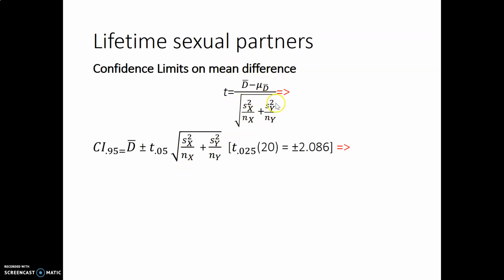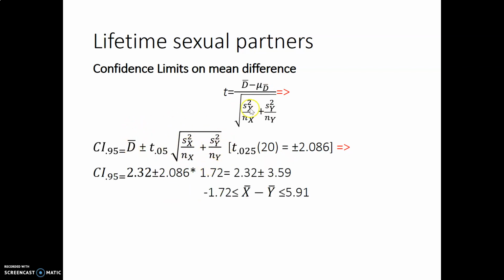We move this denominator to this side, and we also move this mean difference to this side, and we want to calculate this value here. So we plug the other numbers into this equation, and we know that the true mean difference is falling somewhere between negative 1.72 and 5.91.